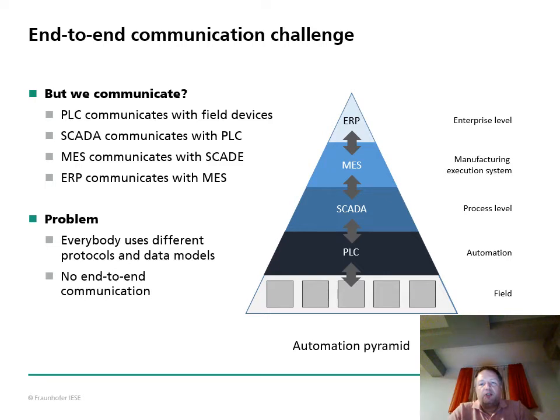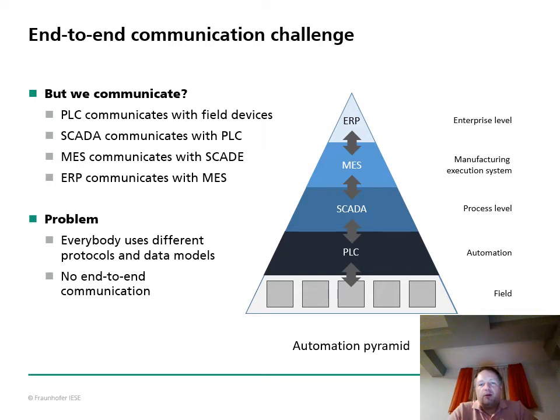We have SCADA systems that communicate with PLC controllers. We have MES systems that communicate with SCADA and with ERP. And we have ERP systems that mostly provide data and communicate with the MES systems. This yields a layered architecture that is shown here in this automation pyramid.